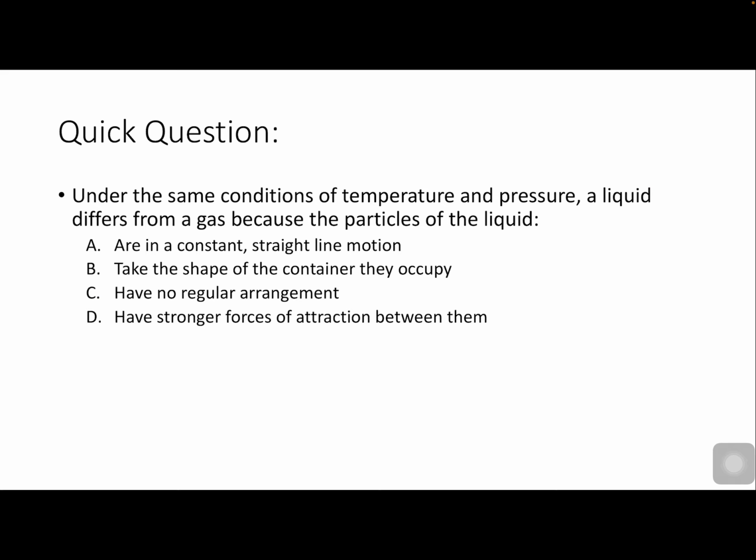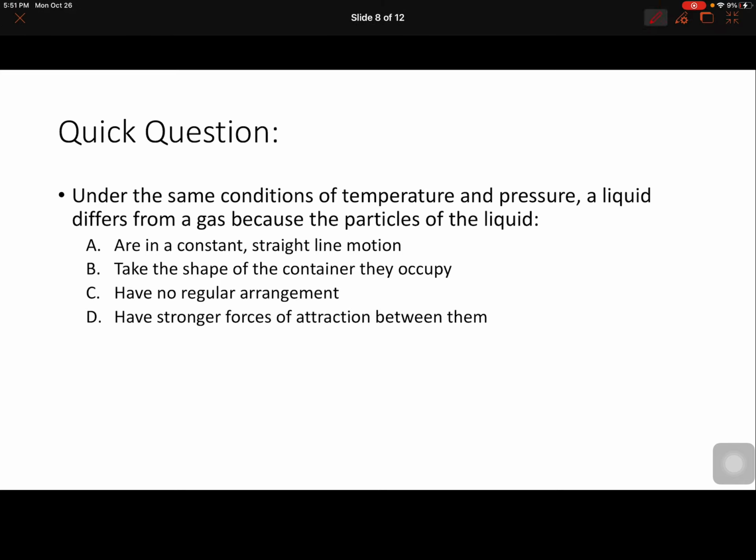Quick question. Under the same conditions of temperature and pressure, a liquid differs from a gas because the particles of the liquid blank. Now the first choice says they're in a constant straight line motion. That is actually not correct because both of these particles, liquids and gases, move in a constant straight line motion. Now what does that look like?